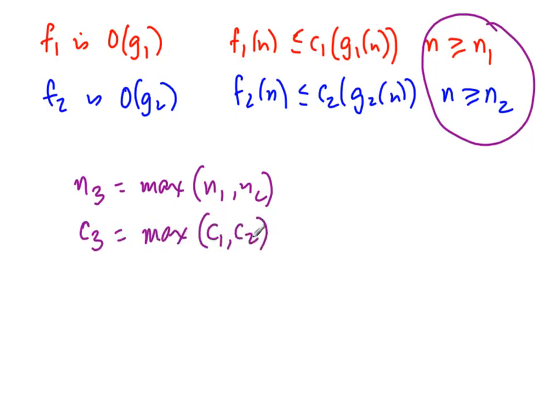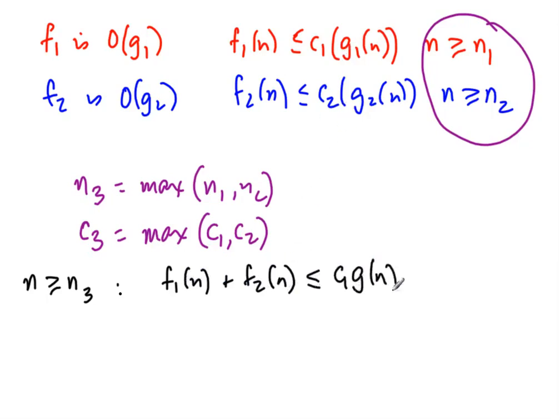Now if I look at n which is bigger than or equal to n3, then I know that f1(n) plus f2(n) is less than or equal to c1 times g1 of n plus c2 times g2 of n, because both these inequalities hold beyond n3.